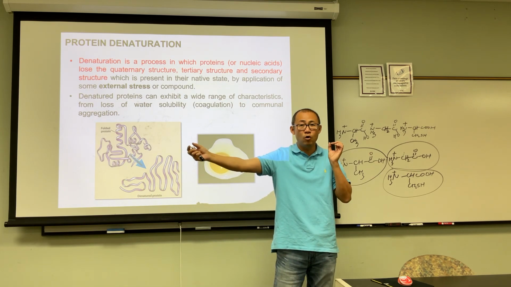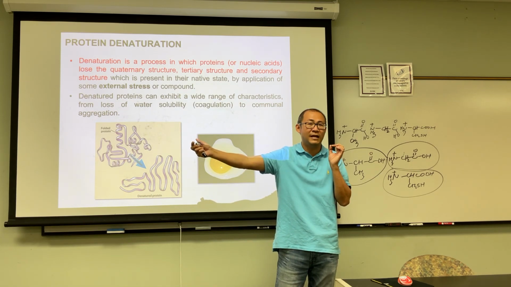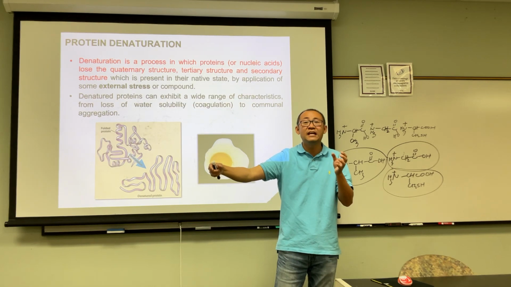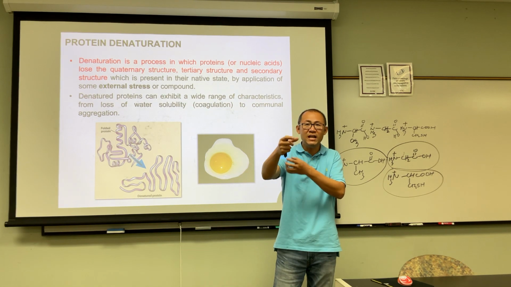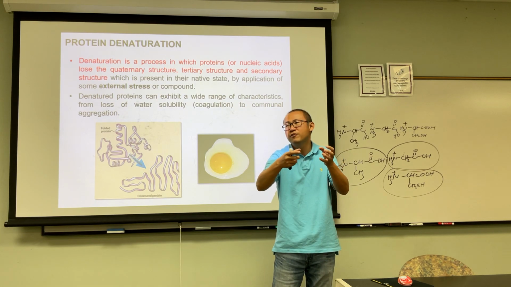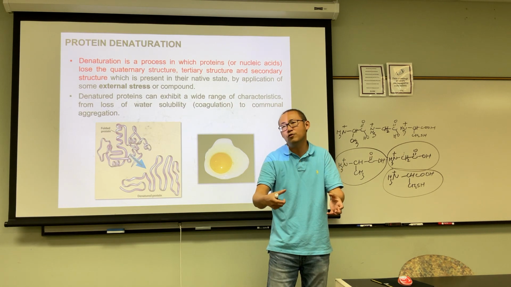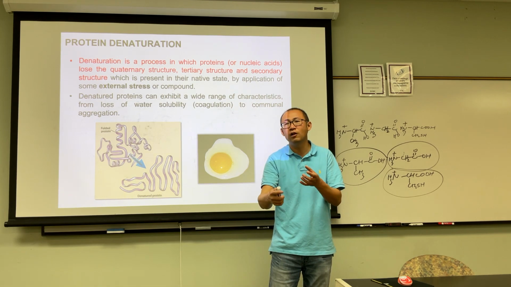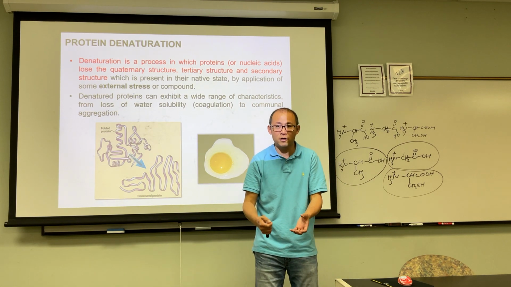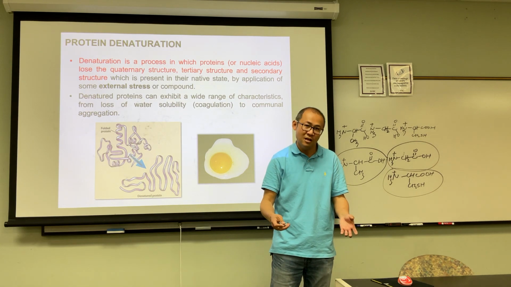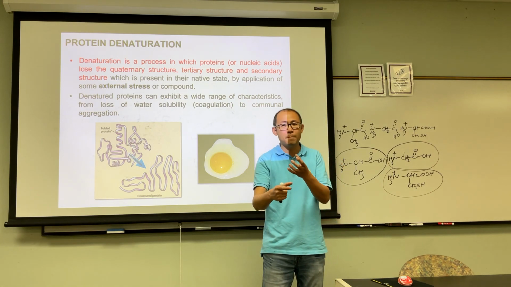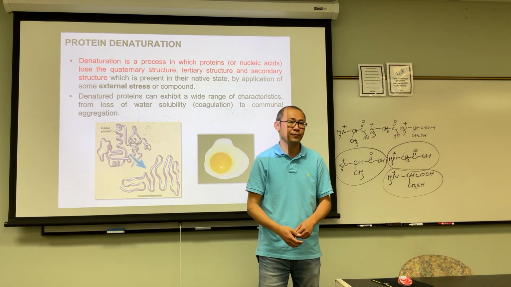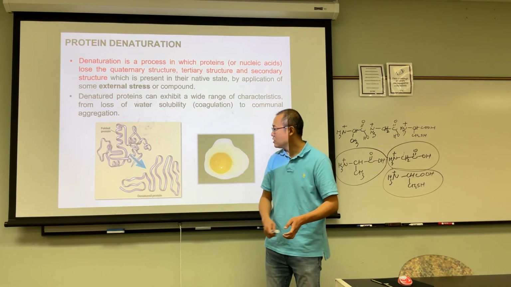The chain will be like your cat playing with a yarn thread. It will randomly coil with each other to give you a fur ball or thread ball. And your protein will no longer be soluble in water, will no longer have its natural state. Your protein will be more like an aggregate or precipitate, like a solid. And that process is called denature.